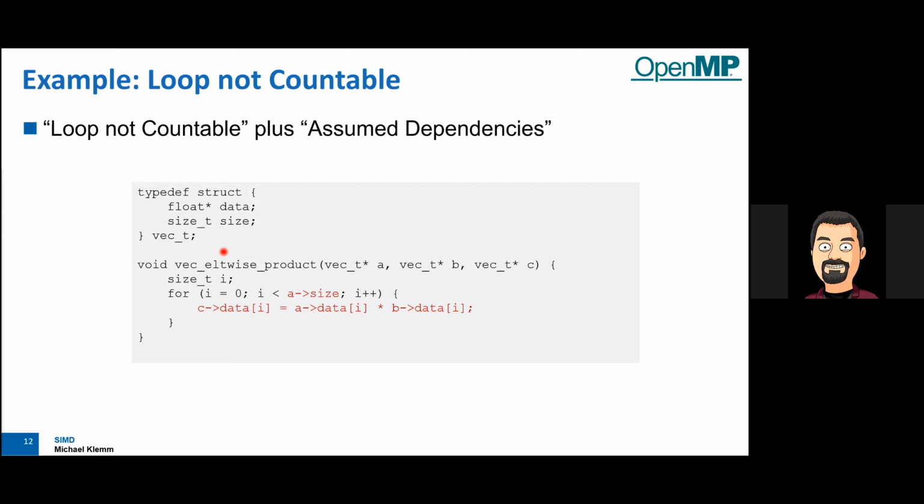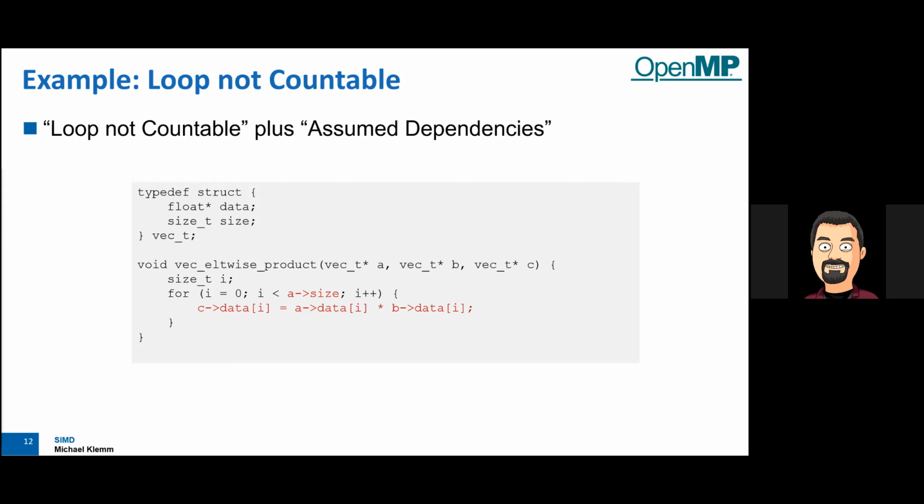And then I have this element-wise product function, which unpacks the data portion of 2 vectors, multiplies them with each other in an element-wise fashion, and then stores it back into the data portion of the destination vector, right?